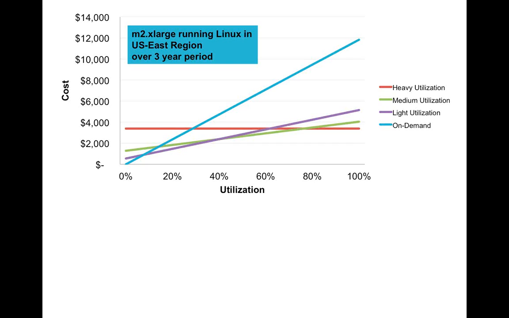Now, utilization means how many hours, in the day, in the month, are you using? Is that instance actually running? So it doesn't have anything to do with CPU utilization or performance. It's purely how many hours in the month are you actually turning on that instance? Is that instance in a started or a running state?